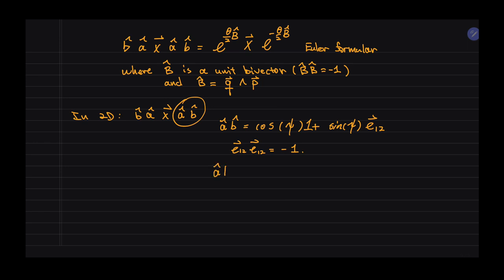So A hat B hat is equal to E to the phi E12. And remember that we define the phi was defined as here's A and here's B and A hat, B hat.